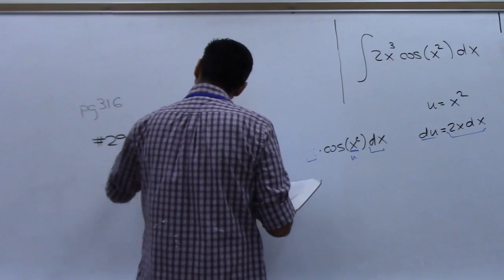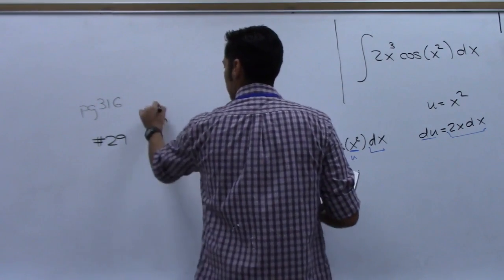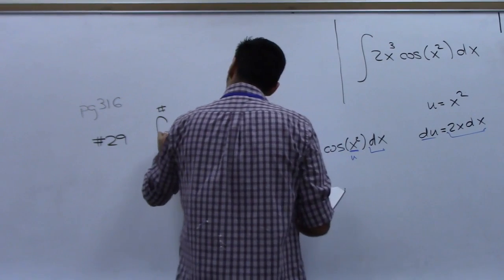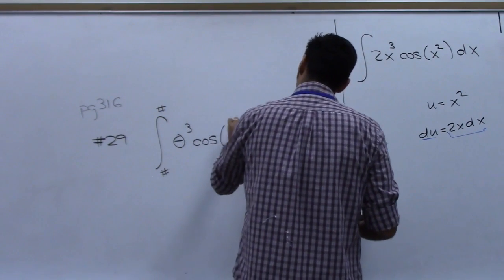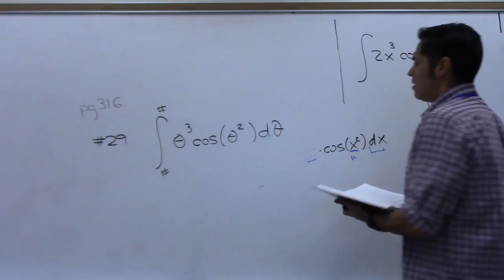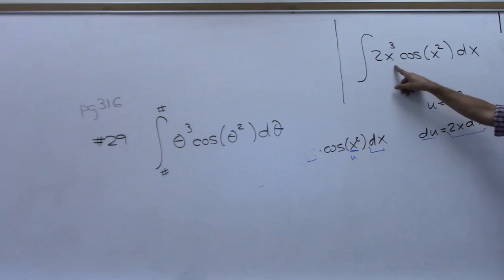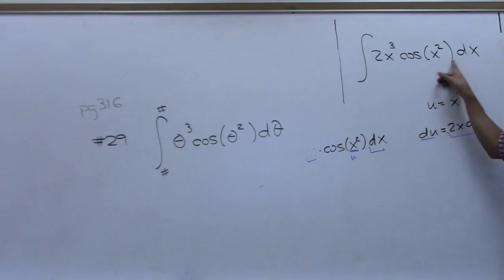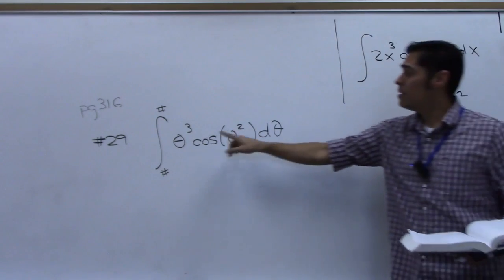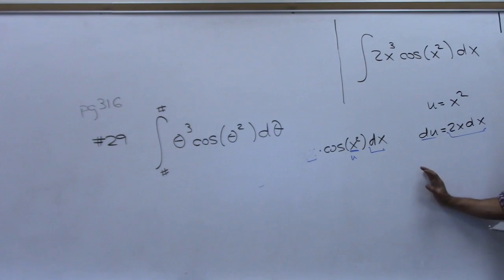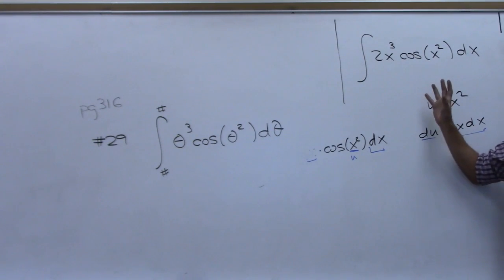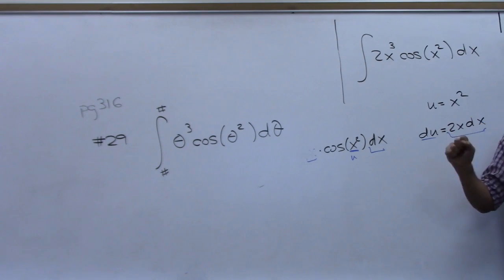It is the integral of theta cubed cosine theta squared d theta. That's this problem right here, using thetas instead of x's. In the book they didn't give you the 2, so you had to account for that. The moral of the story is that this problem is not something I'm going to pull out to make the hardest problem possible.